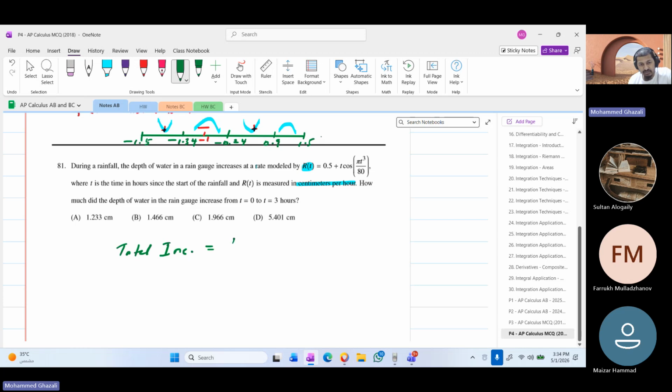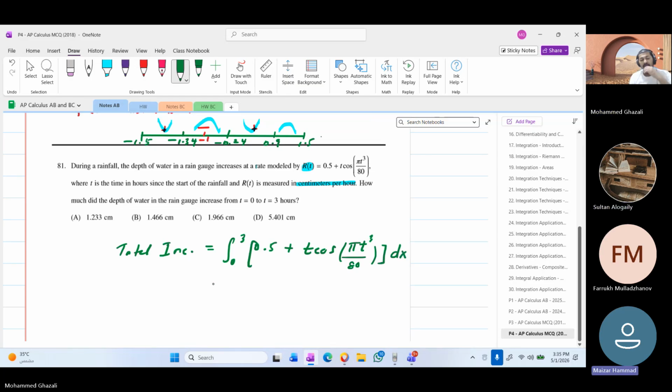You have to use numerical approximation. So just integrate from 0 to 3 of 0.5 plus t cosine of pi t cubed over 80 dt. Use a calculator. I got 5.401, so D. Because you're allowed to use a calculator, try to maximize on that, right?